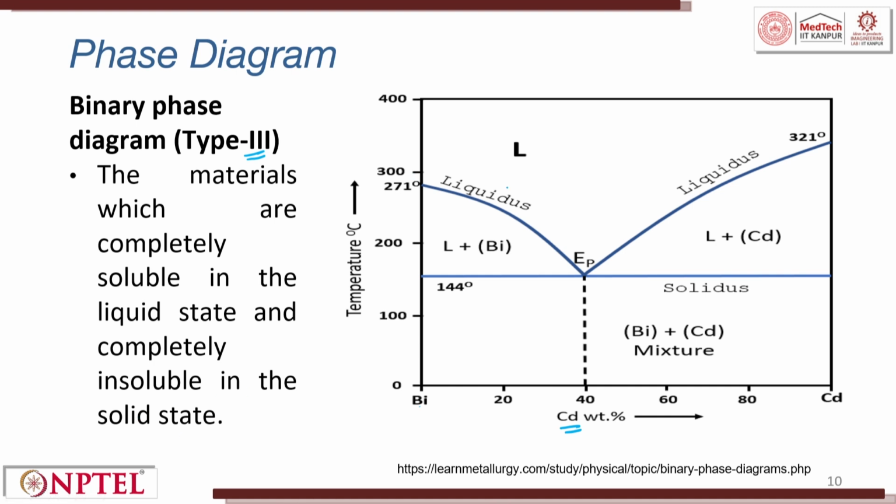There is a liquidus line, there is a liquid. So, liquid plus bismuth, liquid plus cadmium, right. They have a solidus line, and below this line they will have a Bi and Cd mixture. So, these are materials which are completely soluble in the liquid state and completely insoluble in the solid state.